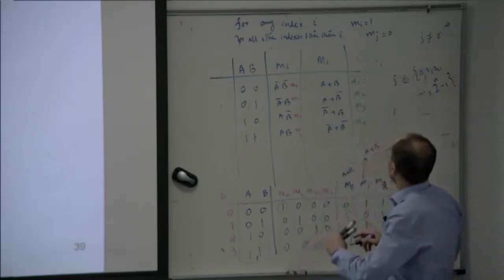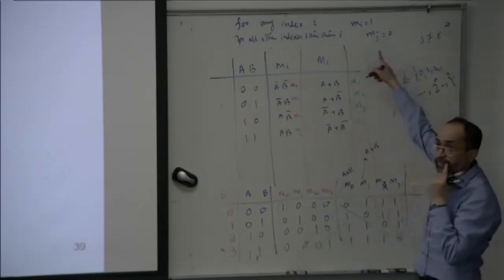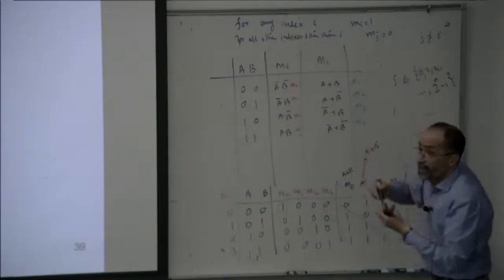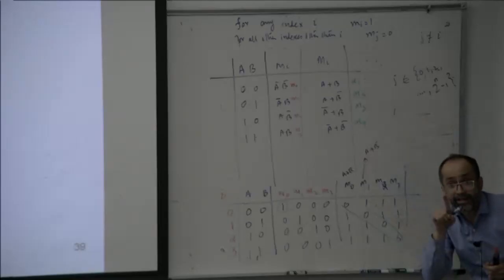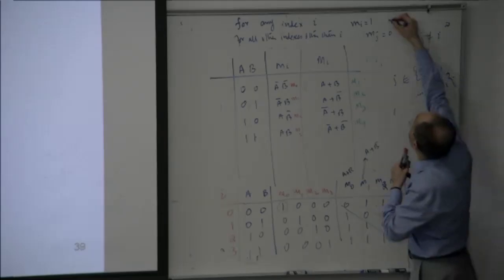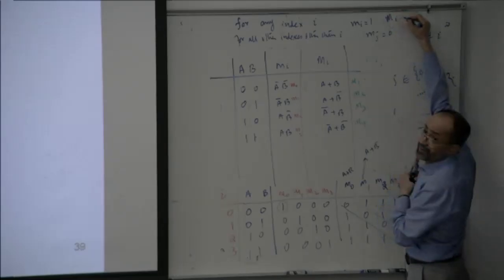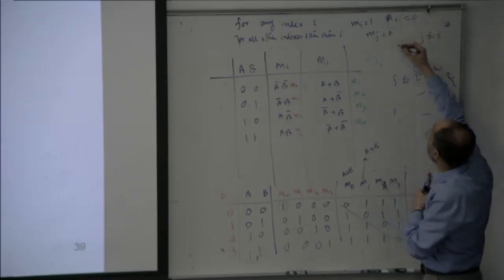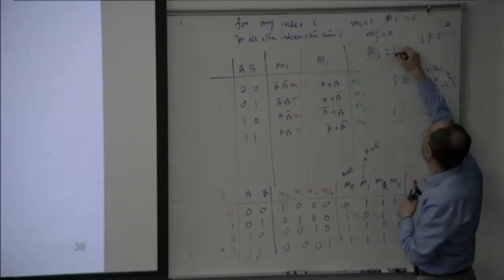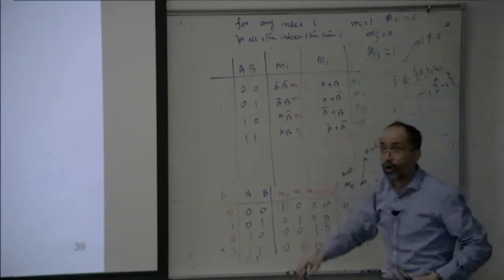Got it? So for any index I, the minterm mi is 1, and for any index I, the maxterm capital Mi is 0. And for any other index, capital Mj is 1, where j is not equal to I.